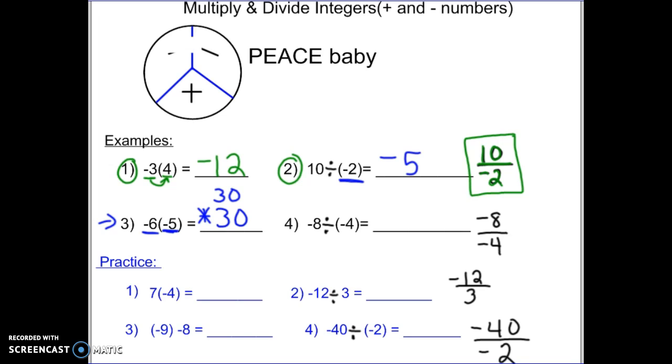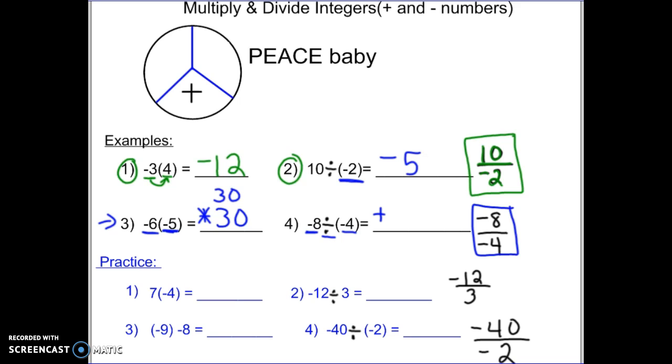Okay? Now let's use our Peace Baby to solve number 4. Number 4 is read -8 divided by -4, and it can also be written using the fraction bar. So this time we're dividing a negative, so cover up one of the negatives in your Peace Baby, by a negative, cover up the other negative, and you are left with a positive.